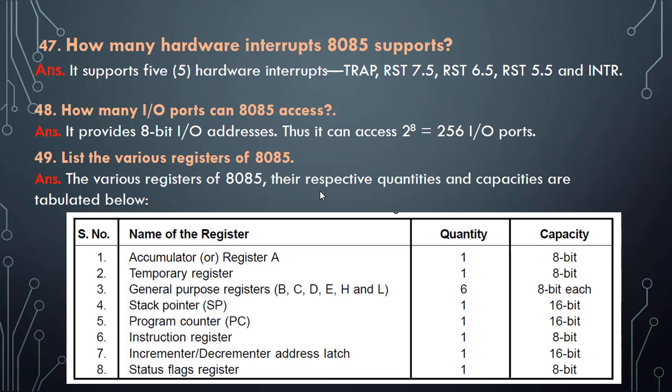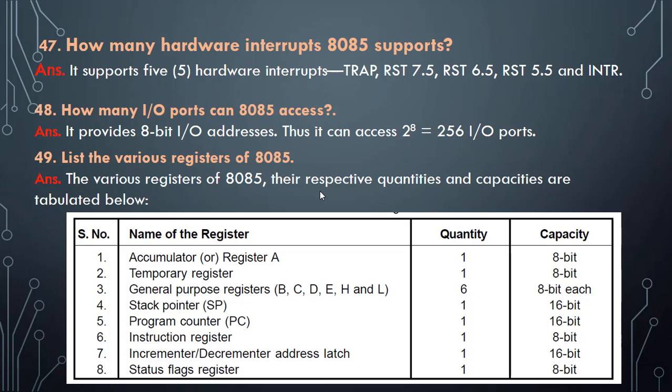The next one is the temporary register, whose quantity is 1 and capacity is 8 bits. It is used for temporary storage purposes. The third is the general purpose registers. There are 3 pairs of general purpose registers, that means quantity is 6 and each register is 8 bits. The stack pointer is a 16-bit register which stores the address of the top of the stack.